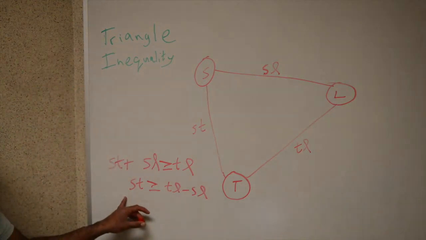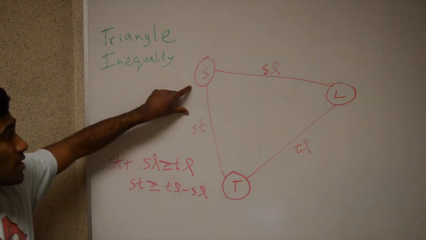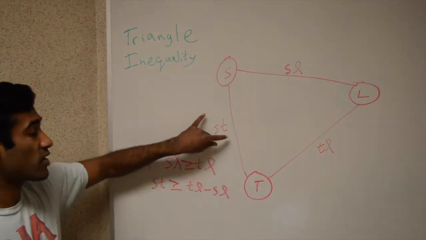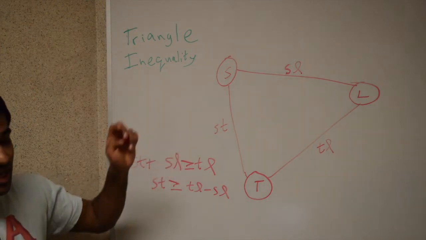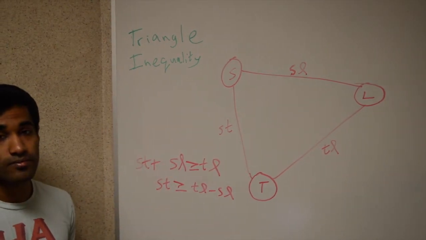We're going to take advantage of this inequality to give us an estimate for the length of S to T throughout our algorithm. And the better that this guess is, or this estimate is, the faster our algorithm will run.